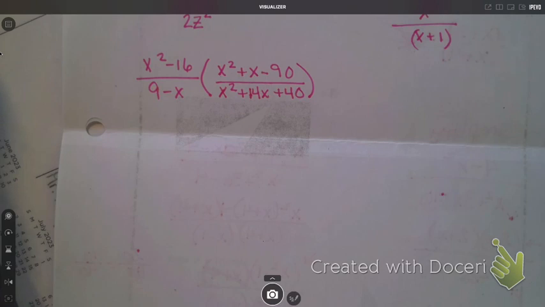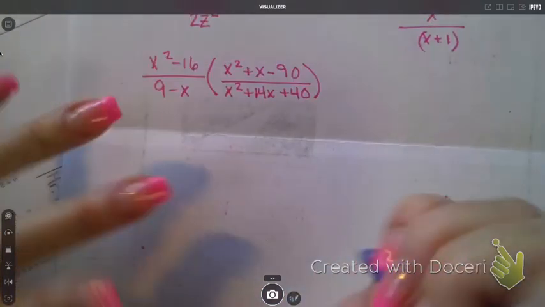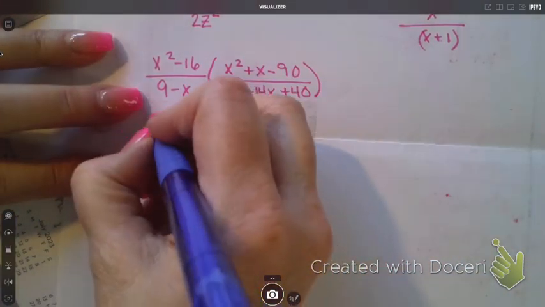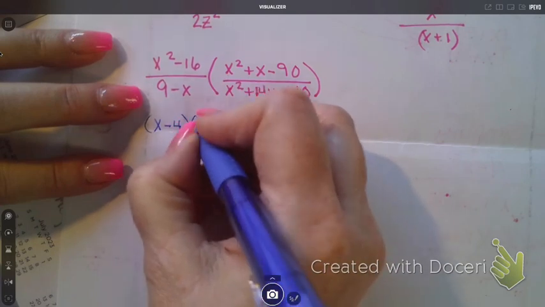Can we factor up and down? You mean reduce? Yeah. No, you cannot do that. They have to be exactly the same to reduce, not even a negative difference.